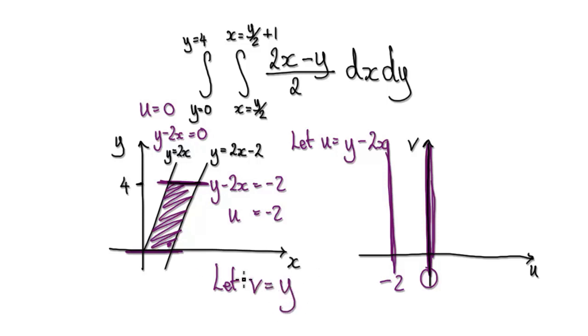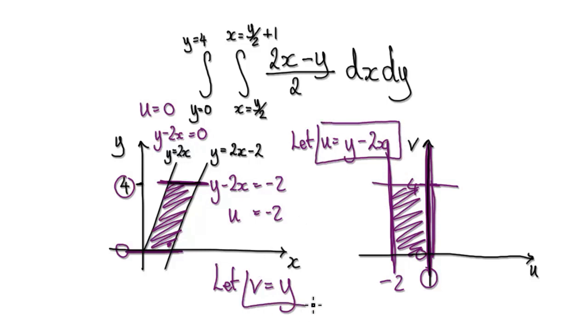So this would be v equals 0 is here, v equals 4 is here. So this is our region. So by making the change of variables here and here, this region will then morph into this.